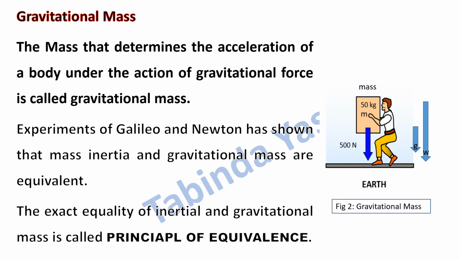Now, before this we have discussed the inertial mass. After inertial mass, we have to discuss the gravitational mass, which is associated with the gravitational pull applied by gravity. The mass that determines the acceleration of the body under the action of the gravitational force, as you can see in the picture, a man with a mass of 50 kg and a normal force of 500 Newton, determines the gravitational mass of the object.